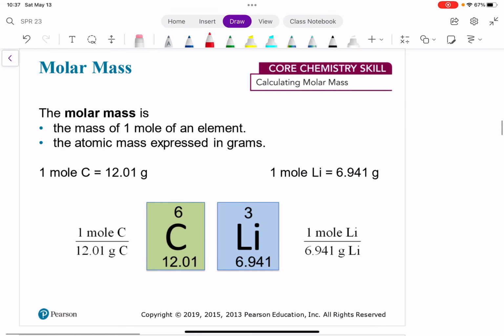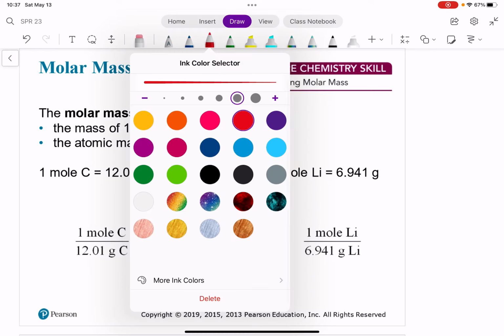So, the molar mass is the mass of 1 mole of an element, and the atomic mass expressed in grams. So again, here are your atomic mass numbers on the bottom there, and those give you the molar mass.